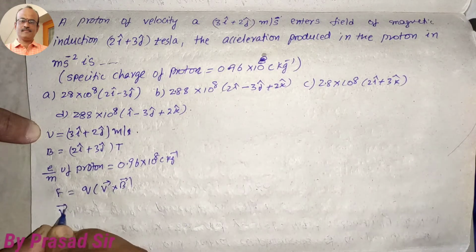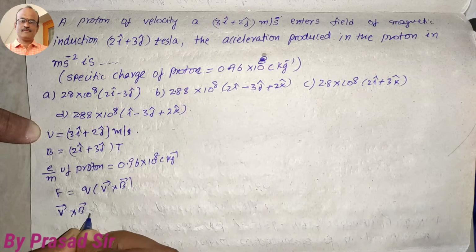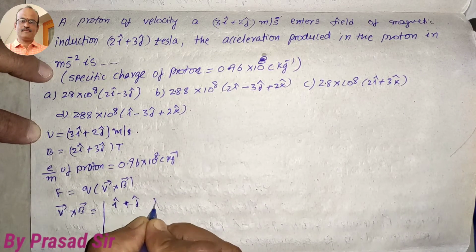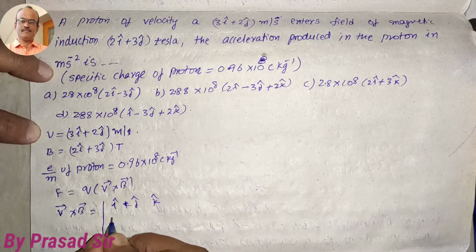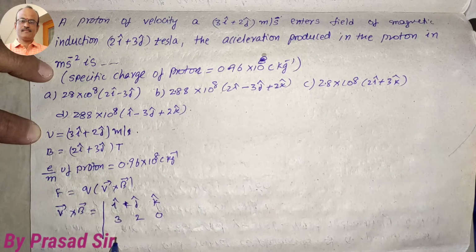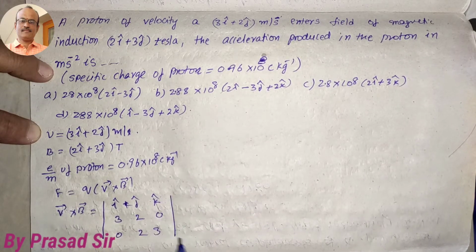So first of all, I will calculate v cross B. So v cross B is equal to the determinant of i cap, j cap, and k cap. So here I will write 3, 2, 0, 0, 2, 3.